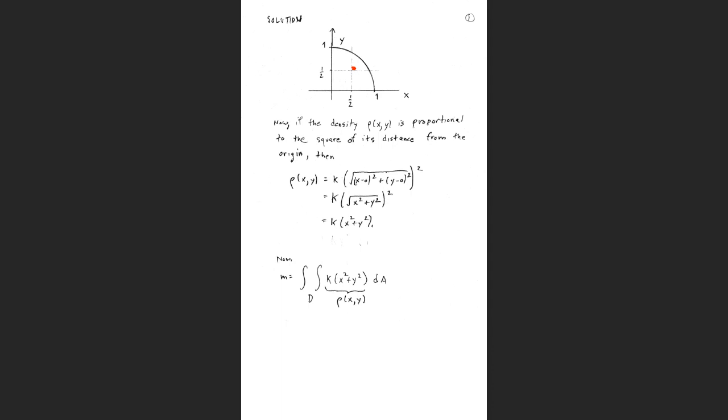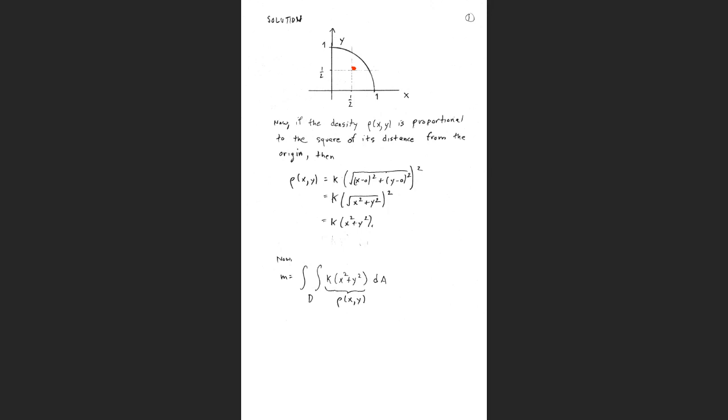And the density, as you might note, is such that the center of mass is fairly close to the edge of the lamina. But as you move away from the origin, the density gets greater. I want you to have an intuitive feel for why that center of mass is where it is.